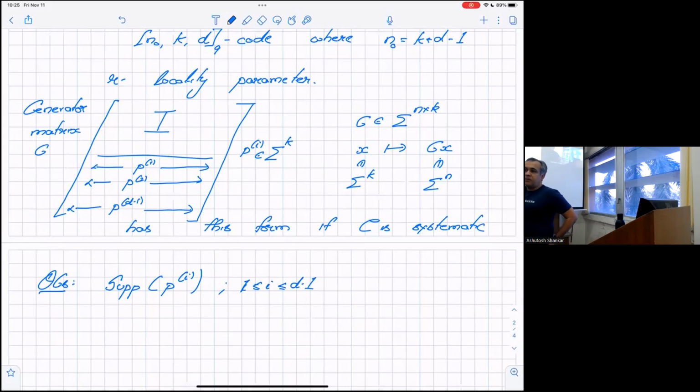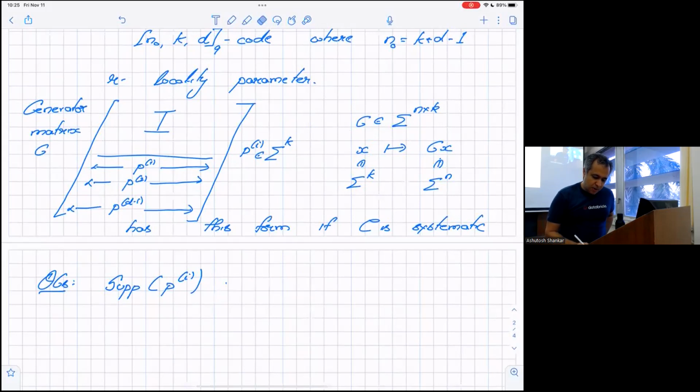Now, PI has some support. It takes some coordinates, and it adds them with some coefficients. My question is, does it involve all the message symbols, or is it just a linear combination of a smaller set of message symbols?